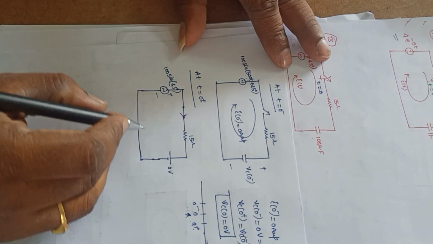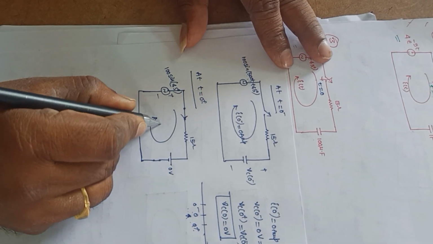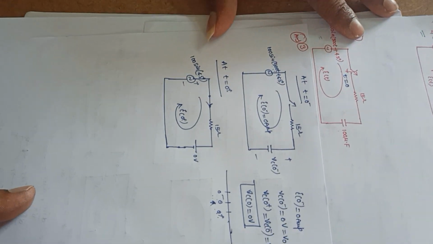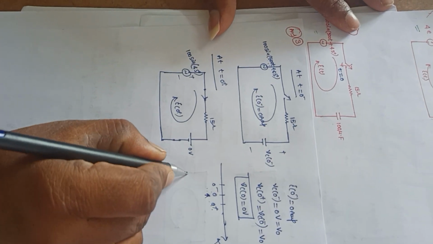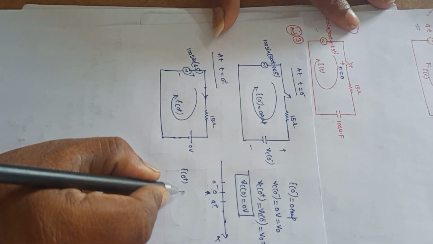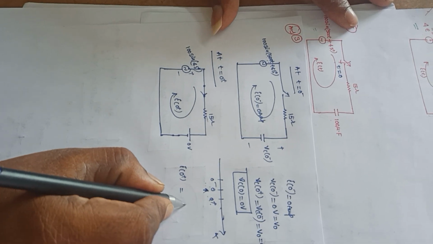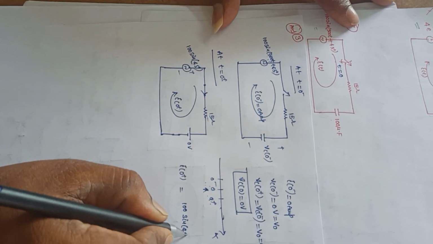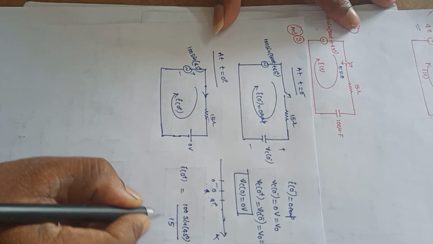So now I of 0 plus is equal to this voltage divided by this 15 ohms, that is 100 into sin 45 divided by 15 ohms.